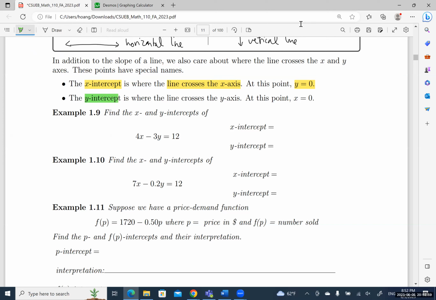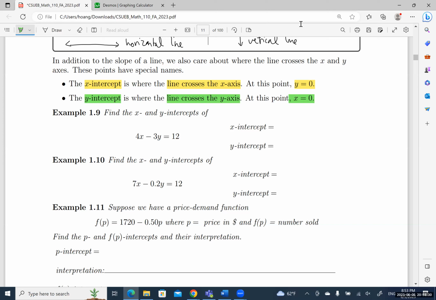Another one is called the Y-intercept. At this point the line crosses the Y-axis, and we have X equal to 0. So let's find the X and Y intercepts of the function 4x minus 3y equals 4 in here.